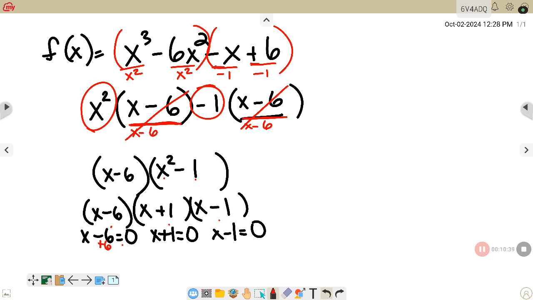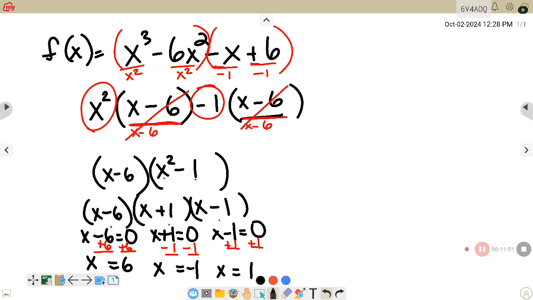So on that first one, I'll add the 6 to both sides. So I get x equals 6. On this next one, I'll subtract the 1 from both sides to get x equals -1. And the last one, I'll add the 1 to both sides to get x equals +1.